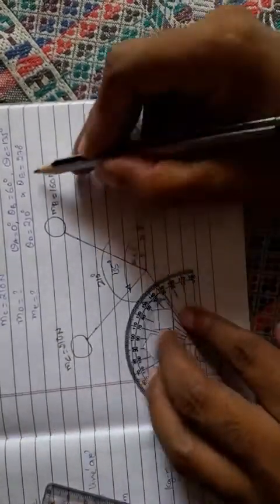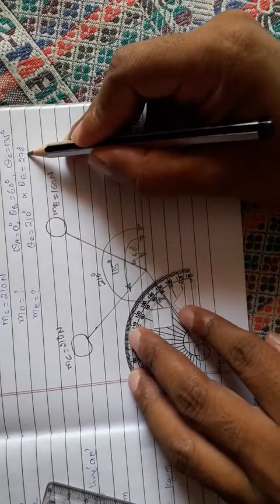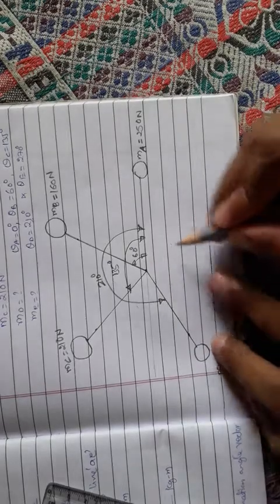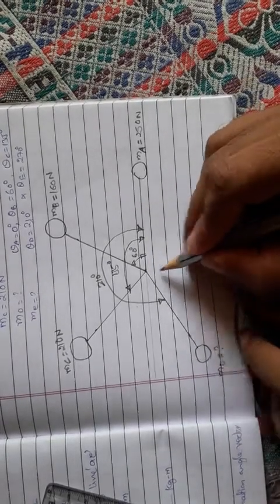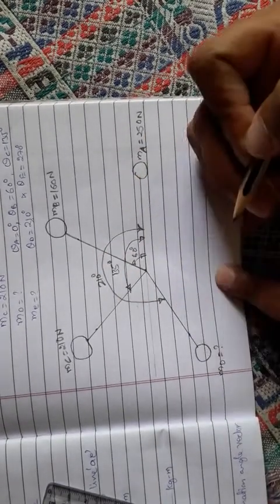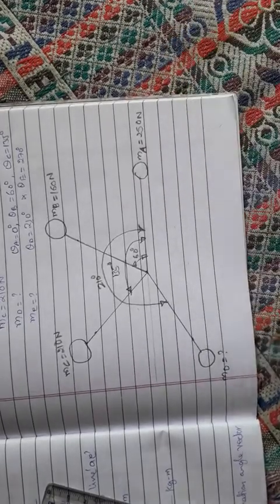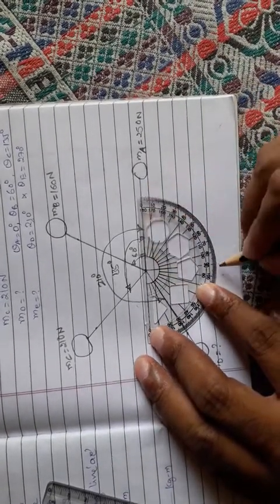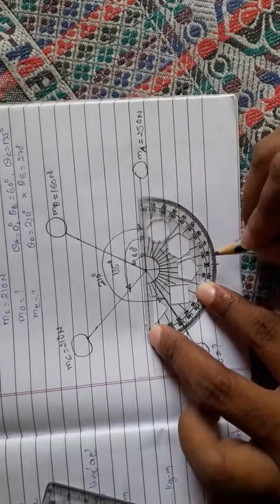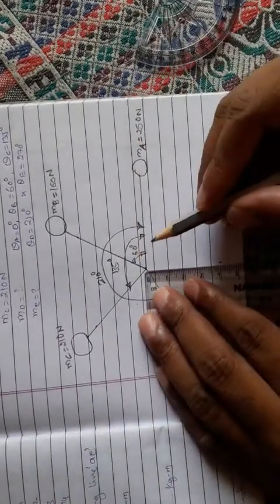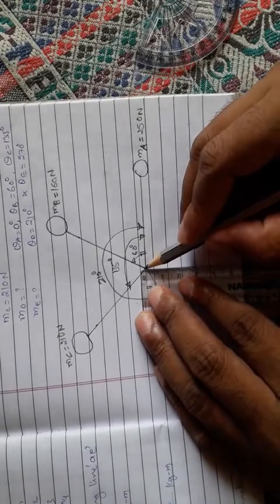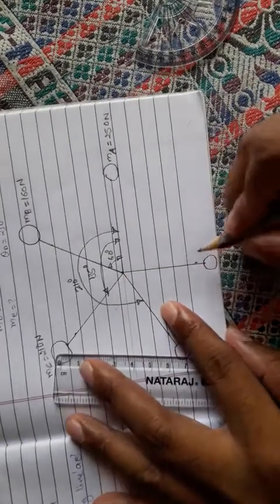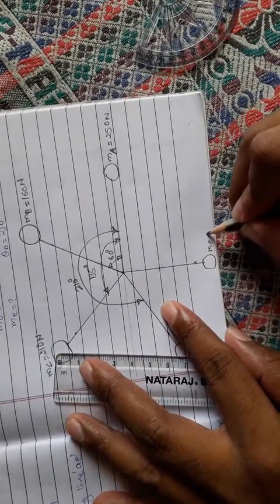And last, theta E is 270 degree. This is exactly perpendicular, 90 degree with respect to this mass, so this line indicates 270 degree. This is ME.